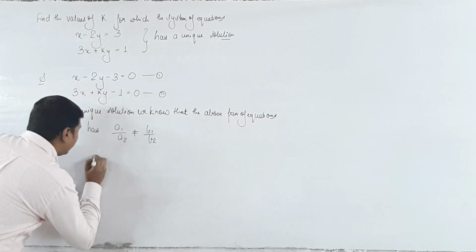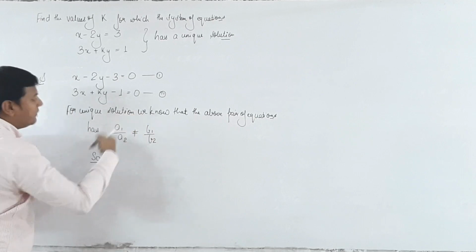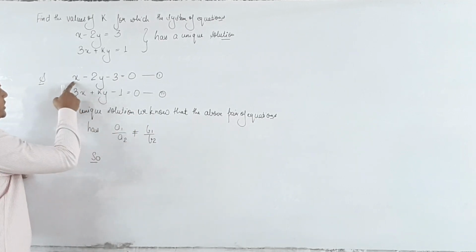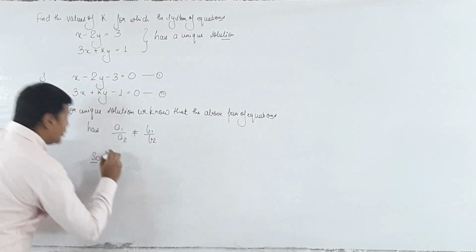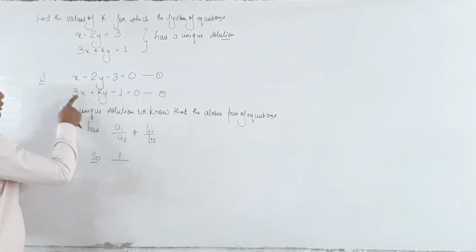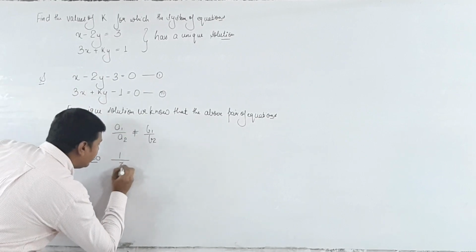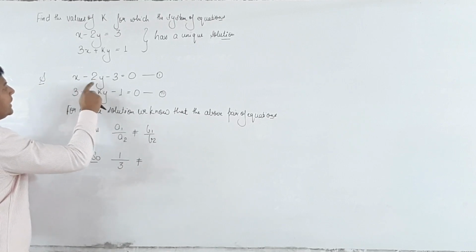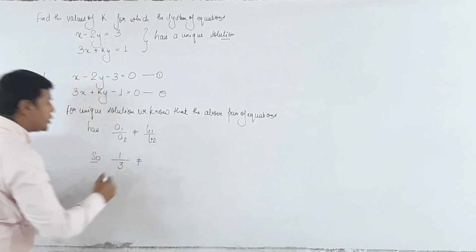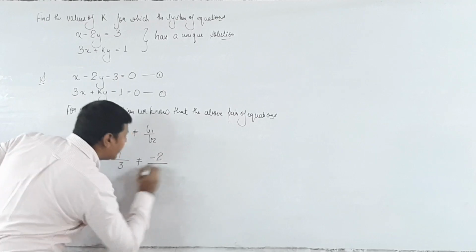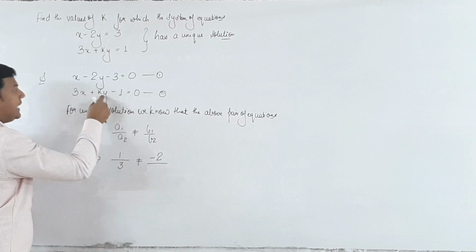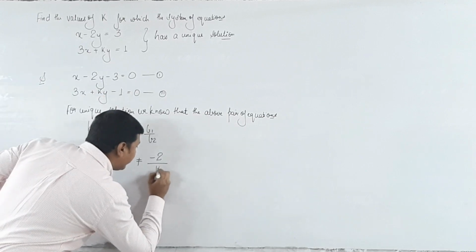So we'll put the values. The coefficient a1, the coefficient of x in the first equation, is 1. a2, the coefficient of x in the second equation, is 3, not equal to b1, the coefficient of y in the first equation, which is minus 2, and b2, the coefficient of y in the second equation, is k.